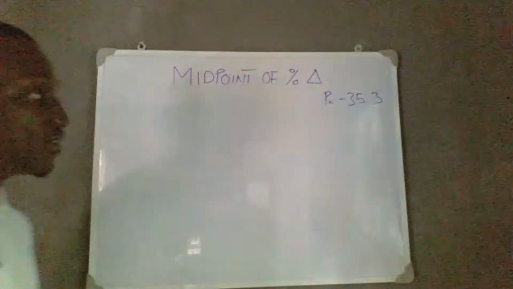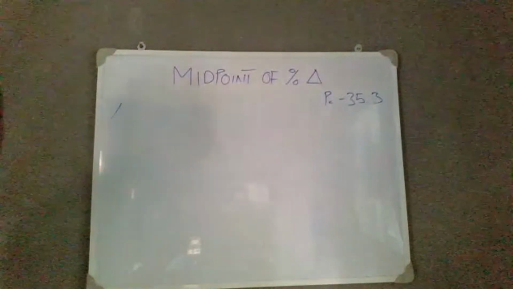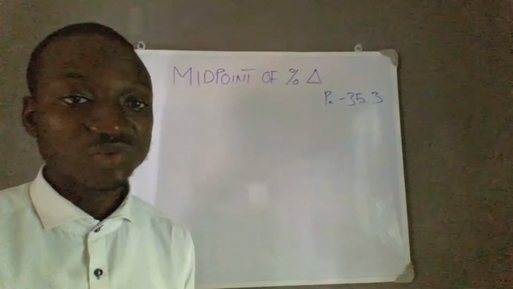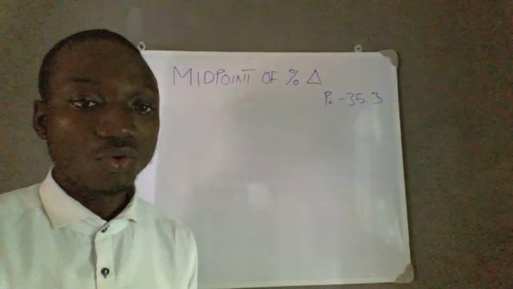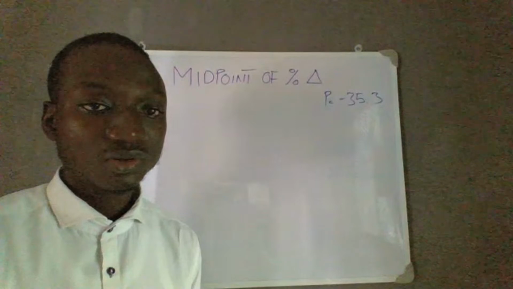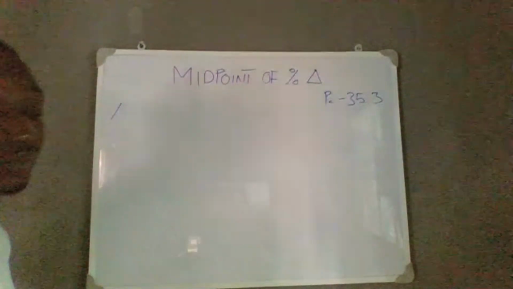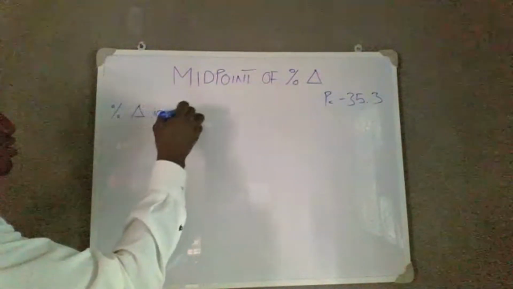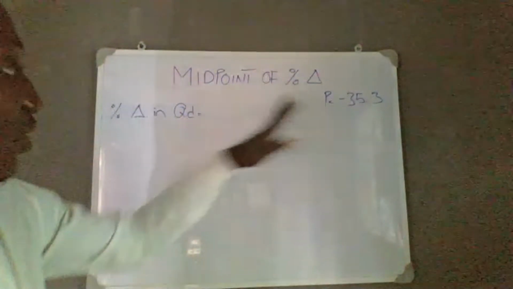So let's do the same thing for quantity demanded, just as we have done for price. So for quantity demanded, we have the percentage change in quantity demanded. As we have solved for price, we are going to do the same thing.